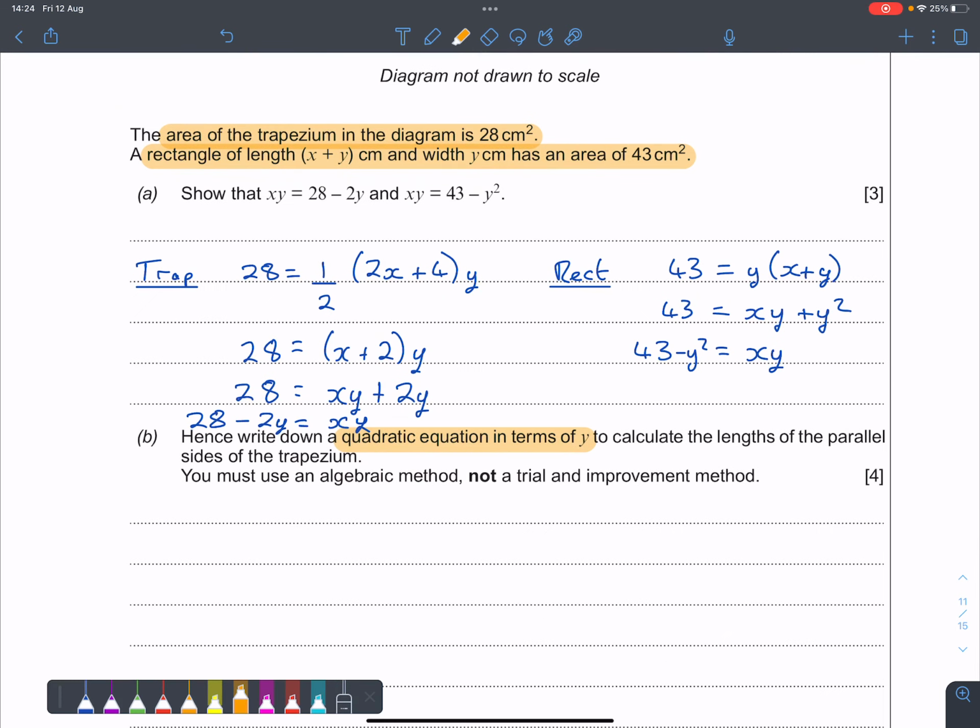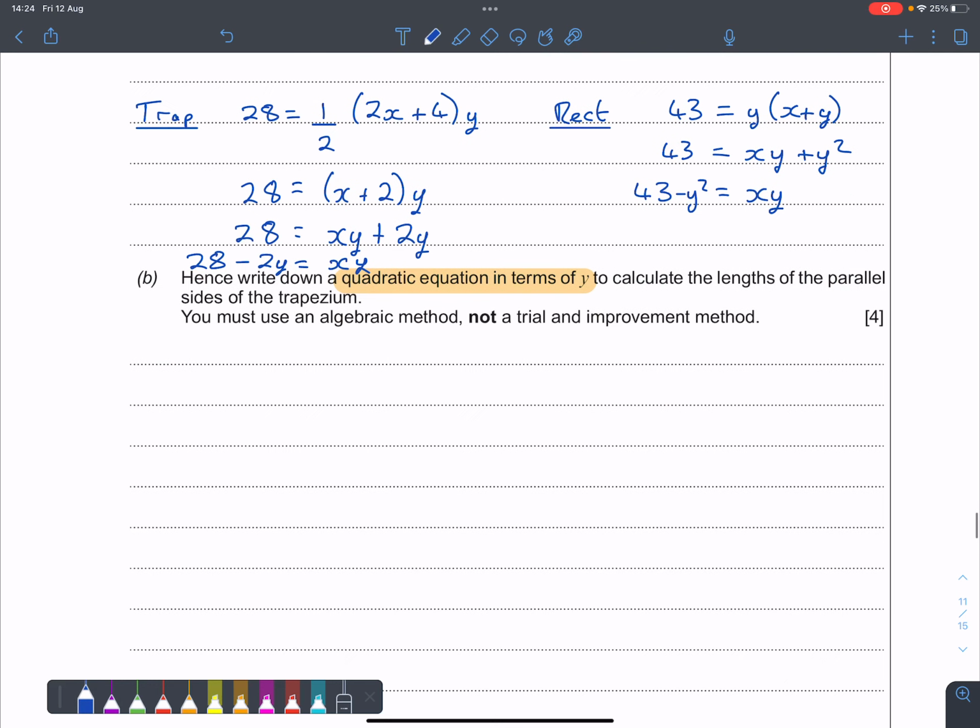Okay, so let's have a think about what we can do. Looking at the question, because it says hence, we need to be using the answer to part A. So the answers to part A, let's write it the way they wrote it in the question: xy equals 28 minus 2y, and xy equals 43 minus y squared.